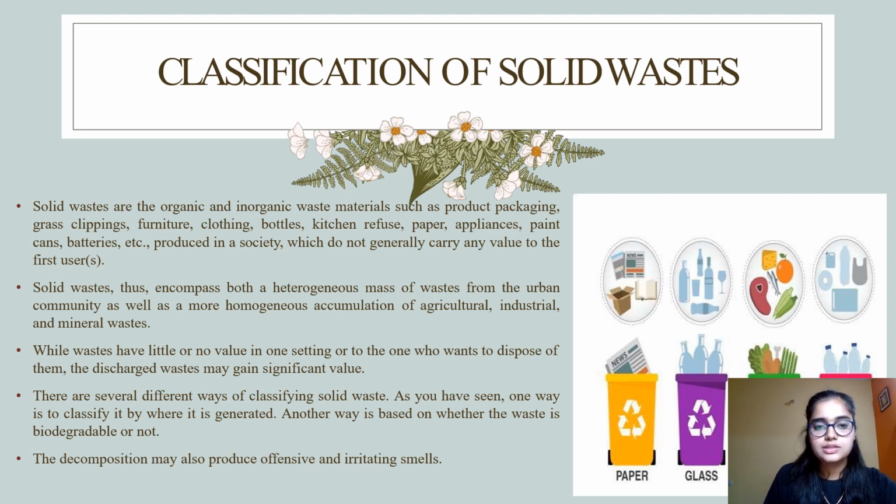Thus, solid wastes are a heterogeneous mass of waste from the urban community as well as a more homogeneous accumulation of agricultural, industrial, and mineral waste. We know there are several different ways of classifying solid waste. One way is to classify it by where it is generated, and another is based on whether the waste is biodegradable or not.